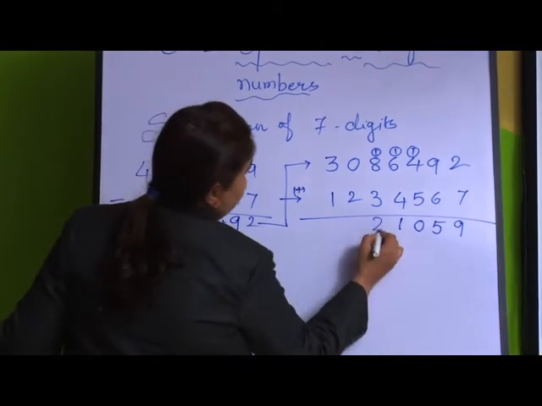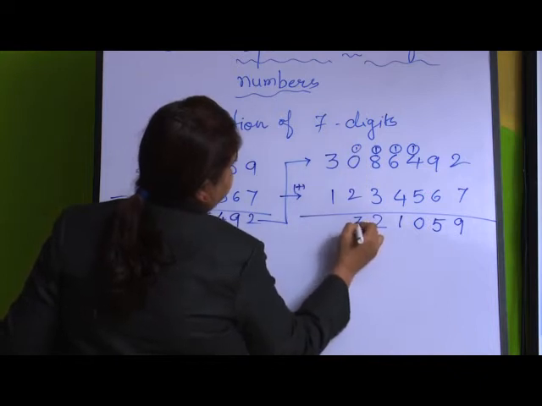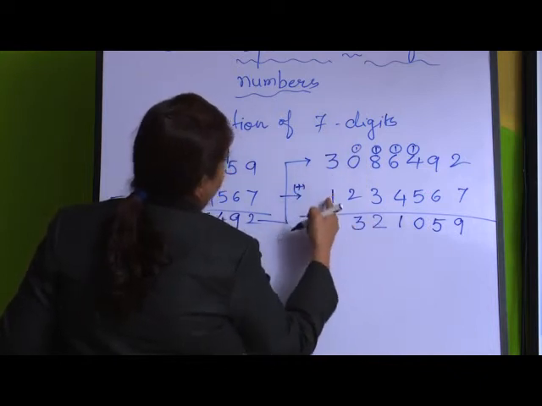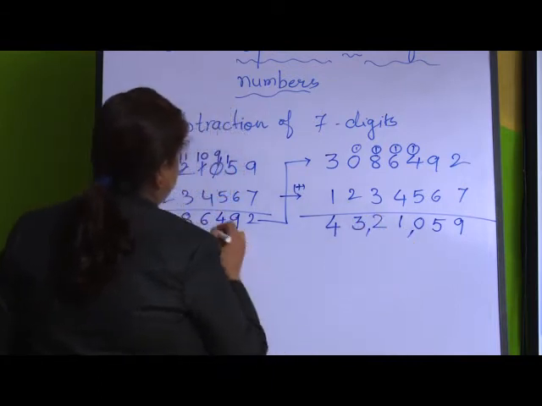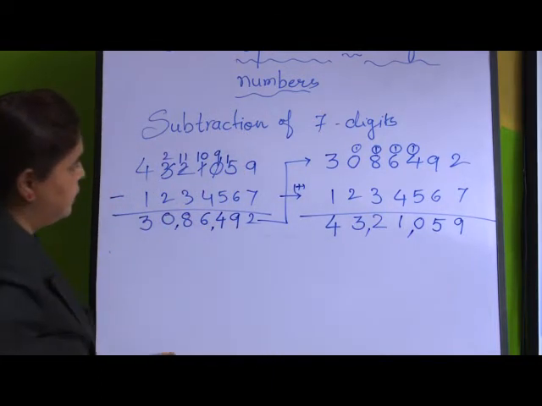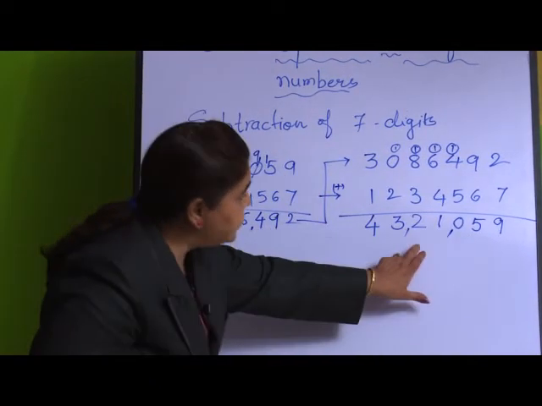So I will write here 2, again 1 carry, 2 plus 1 is 3 and 4, 3 plus 1 is 4. Is this number and the number I got the same?